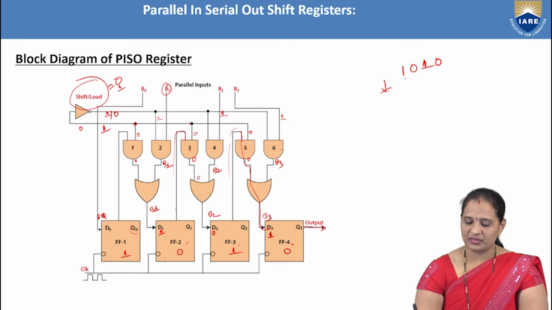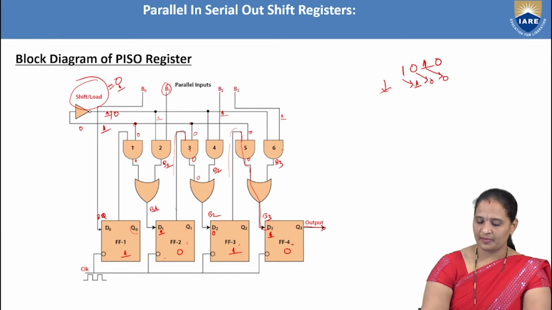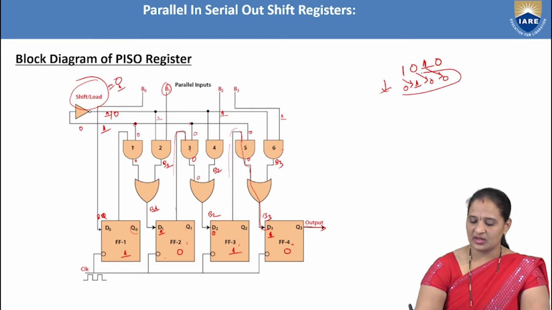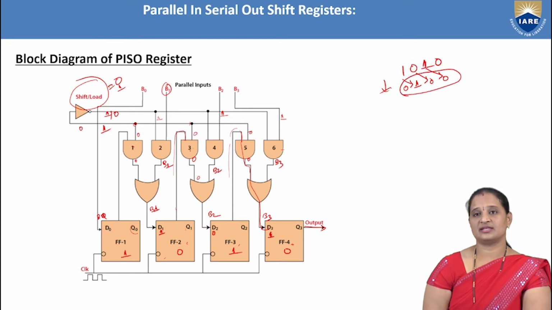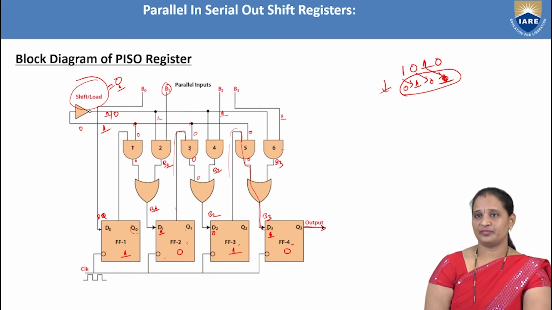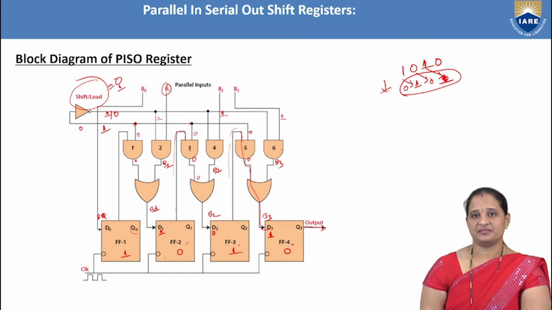Now during the clock pulse, what has happened here? The data has shifted by one position, and here we will be placing 0. So this is the word stored after the next clock pulse. Sorry, this is 1 here: 0 1 0 1. So like that it shifts the data in the left direction.